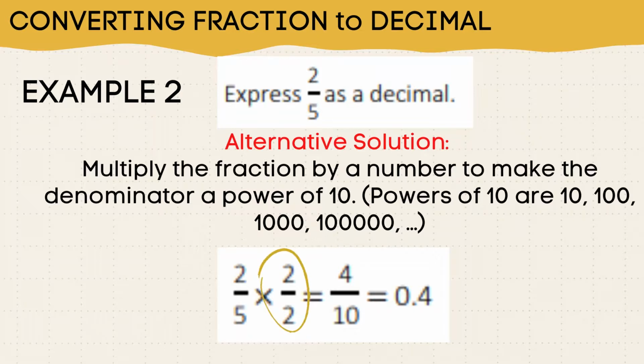So we multiply 2 over 2, both the numerator and denominator. So you have 2 times 2 is equal to 4, and 5 times 2 is equal to 10. And then 4 divided by 10 is 0.4.